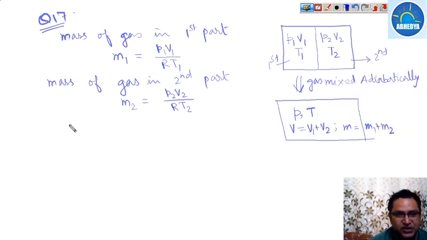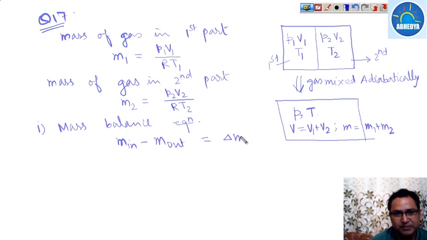So here we are using two equations. First is the mass balance equation. What is the mass balance equation? That is M in minus M out is equal to delta M system. Is there any mass coming inside the system? No, so the value of this will be equal to 0.